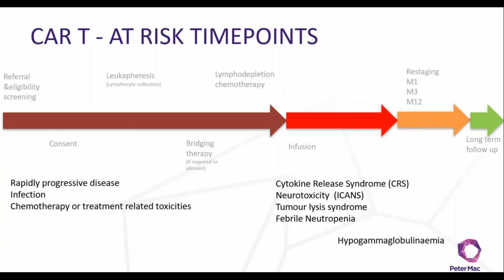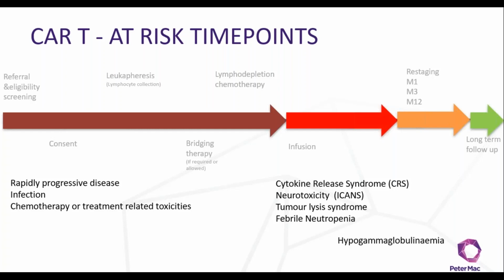If you have a fresh product or a shorter manufacturing time, that product doesn't allow for bridging therapy. It allows for steroids. So these patients do need a lot of regular monitoring, regular pathology monitoring as well.